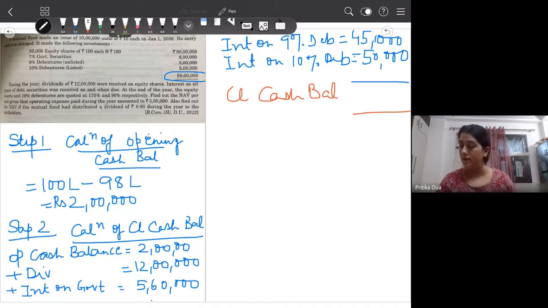So 12, 17 lakh 60,000, 19 lakh 60,000 plus 95,000. That gives you 10,51,000 as the closing cash balance. Please check you're getting this value.